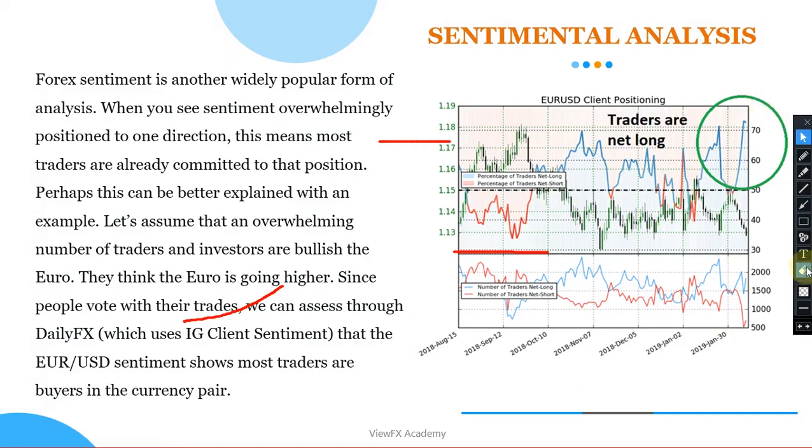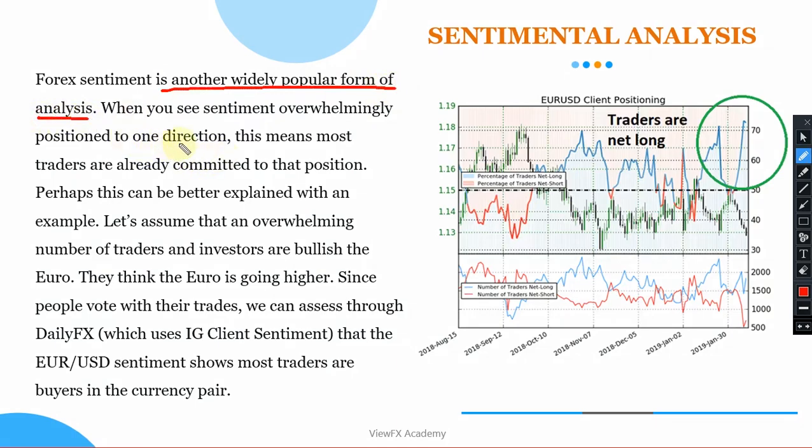Then the last of them, which is the sentimental analyst, what they do is that they collect data from individuals who are already into the trade. So this is a widely popular form of analysis.